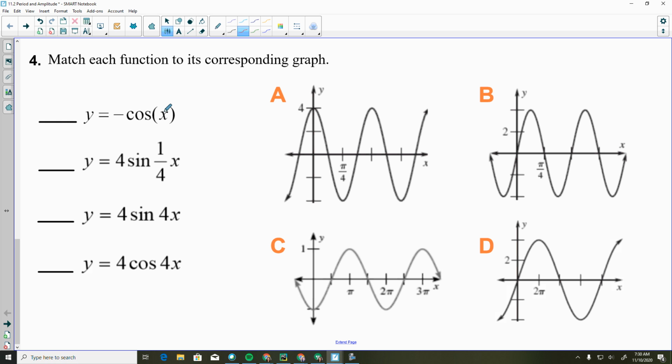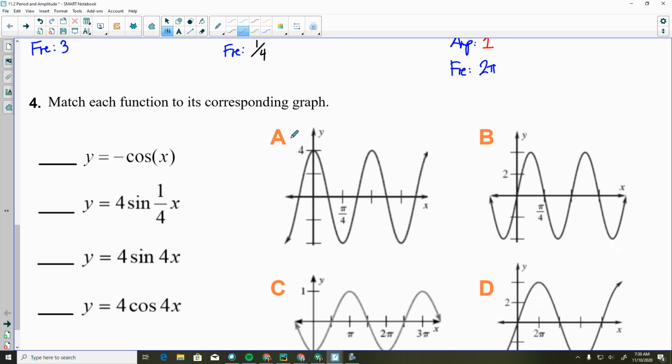So the first thing I would remember if we're looking at this is the general shape of sine and cosine, okay? So if I have a sine function, I remember that the shape of it from the last video looks like this, okay? So that's the parent function. It starts at the origin, goes up right there, it hits the midline, comes back to a minima, and then comes back to the x-axis again.